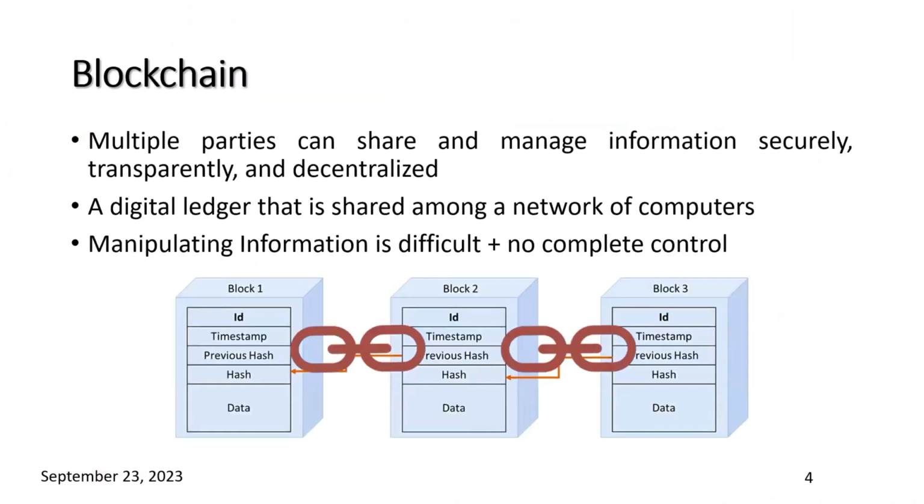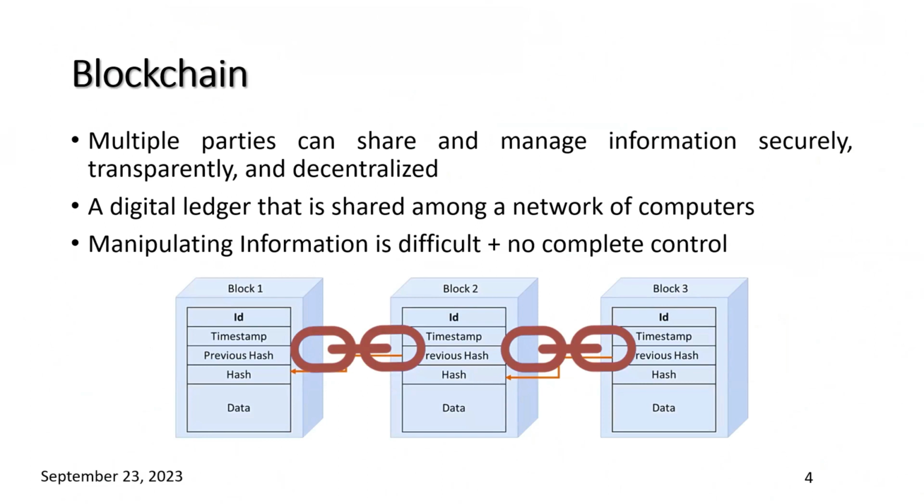So now, with that being said, let's see what blockchain is and see some background knowledge. Blockchain is a digital technology that allows multiple parties to share and manage information in a secure, transparent, and decentralized way. It is best known as the technology behind cryptocurrencies like Bitcoin, but it has many other potential use cases as well.